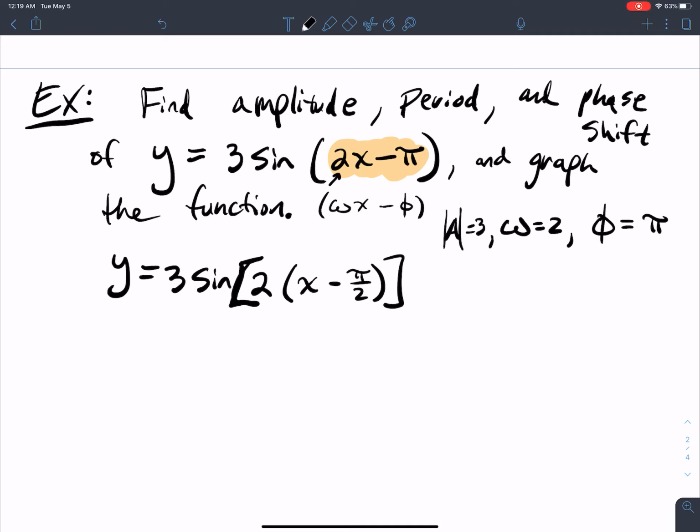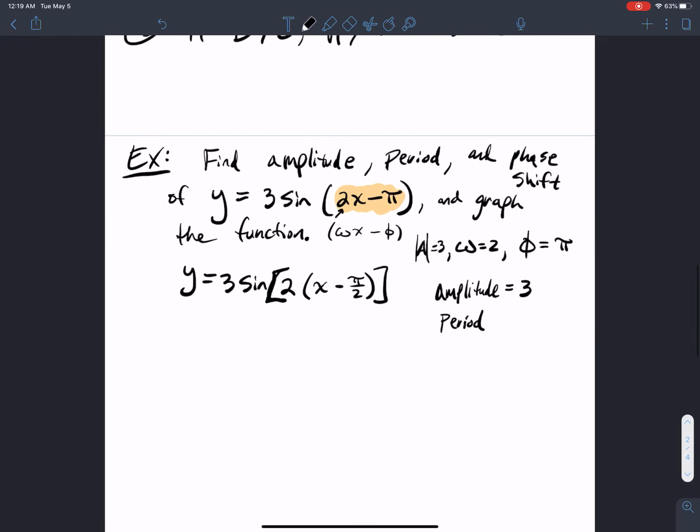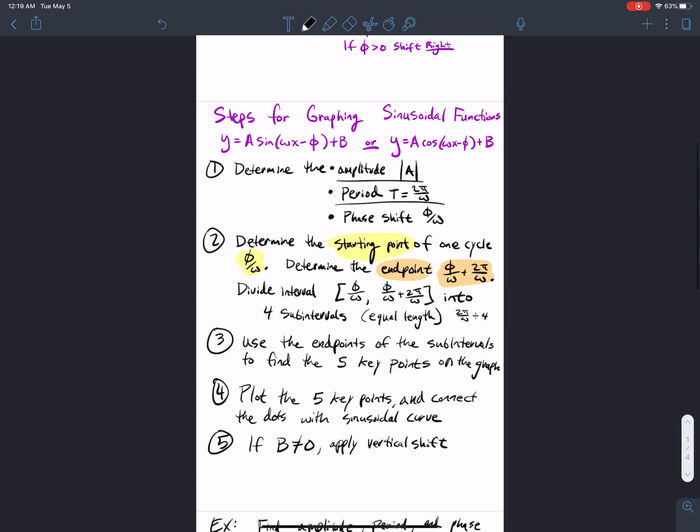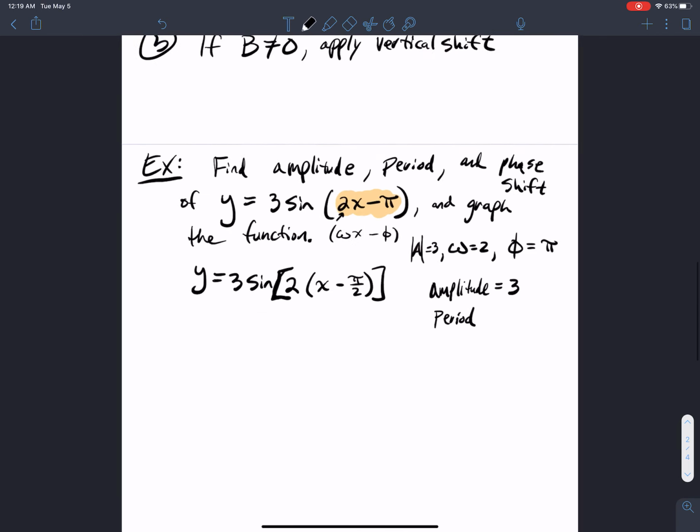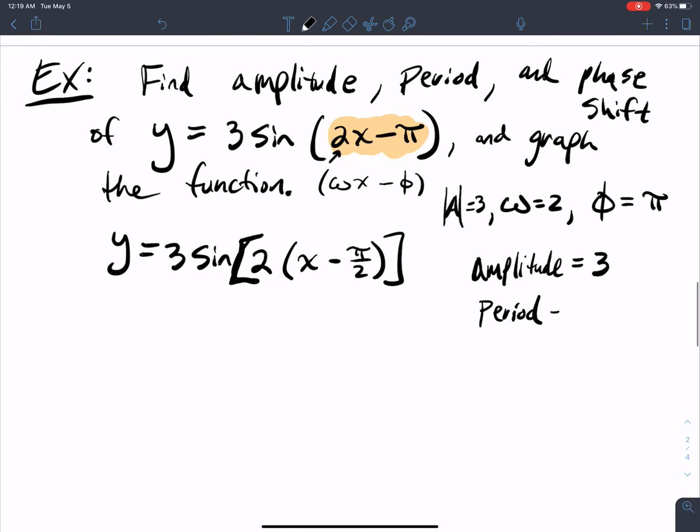So when I look at this, my amplitude is equal to 3. My period, what was the formula for period? It was 2 pi over omega. Omega was 2, so my period is pi.